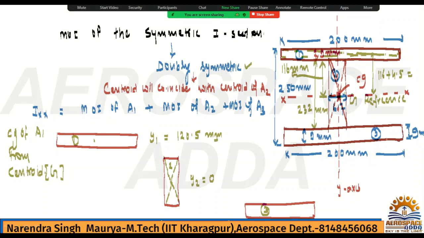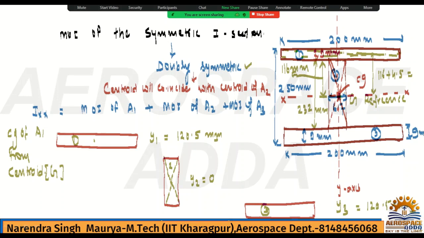For box 2, CG is exactly at the mid of box 2, and the centroid is also at the mid of box 2, hence y2 will be 0. For box 3, it is symmetric, so y3 will be the same as box 1, 120.5 mm.